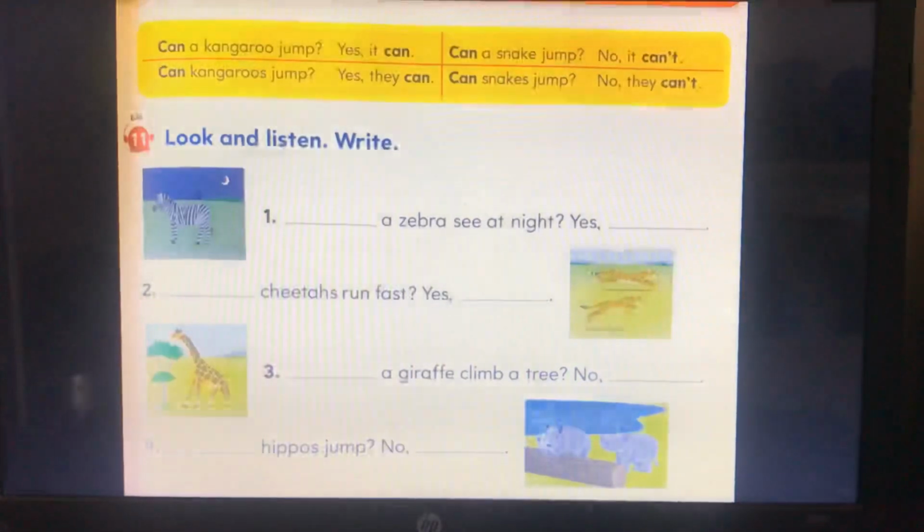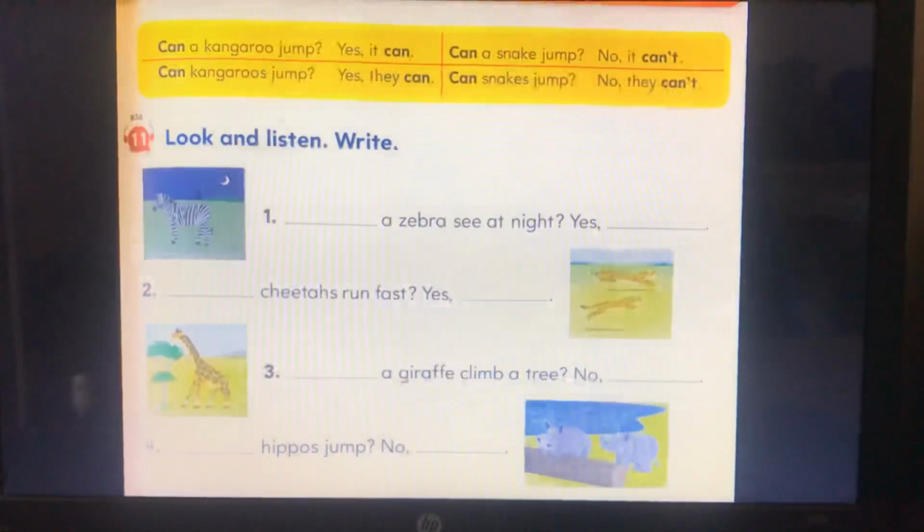Now we're going to focus on the negative using can't. In this example, we will be talking about the snake. Okay, guys, let's go ahead and read. Can a snake jump? No, it can't.